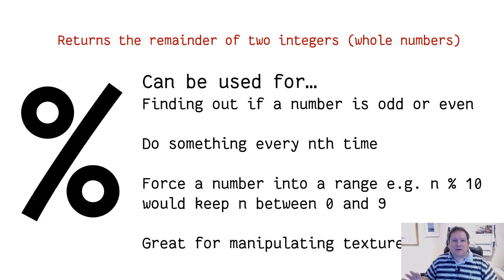In fact, anything in a grid, and we'll show you that in the chessboard example. Just anything to do with doing something in some kind of a grid, because a grid is essentially a big long one-dimensional array.